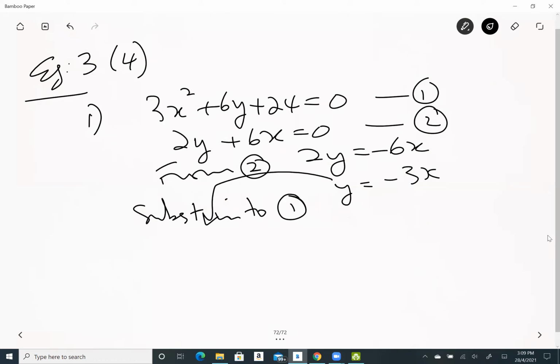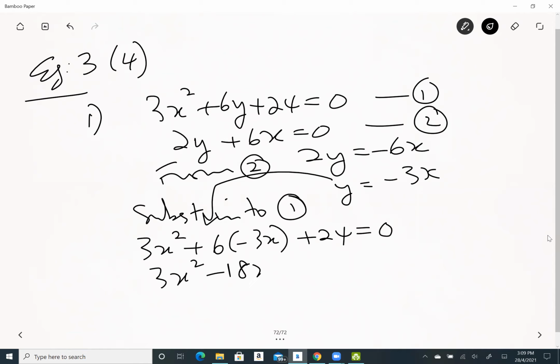So now what we will have is 3x squared plus 6 times y, which is negative 3x, plus 24 equal 0. So now everything is in x. We can find the solution for x. So I have 3x squared minus 18x plus 24 equal 0.